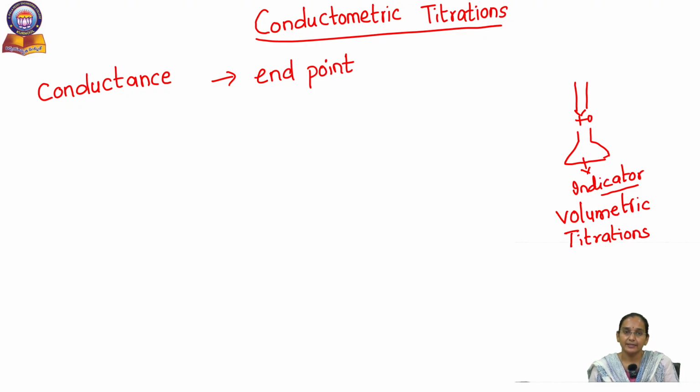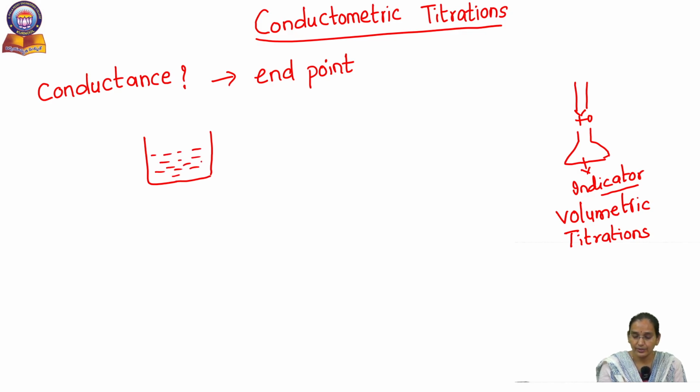Then what is conductance? Conductance of the solution is the ability of the solution. If we consider a solution in a beaker and we pass current through it, the solution has the ability to flow the electrons in it.